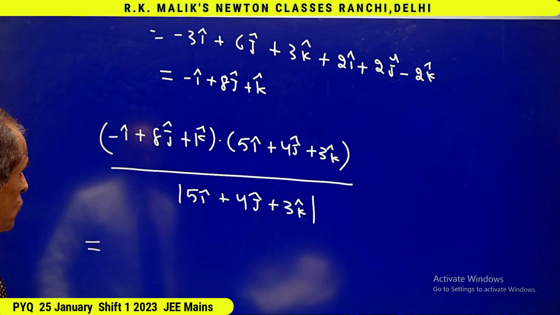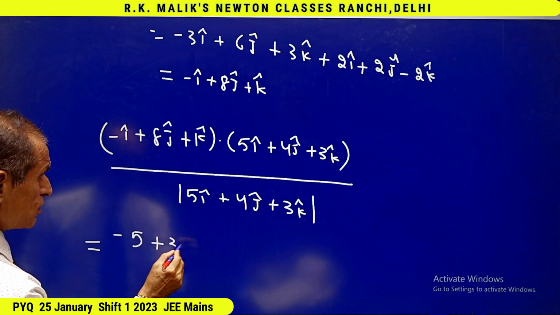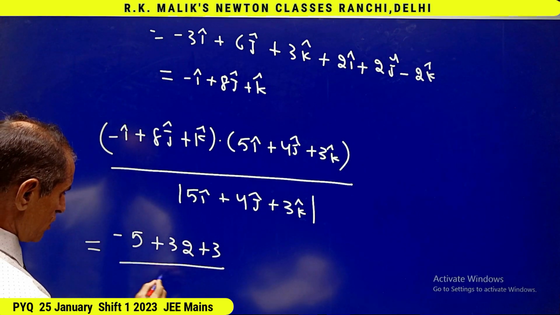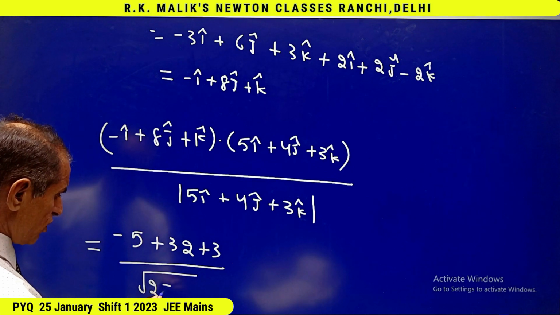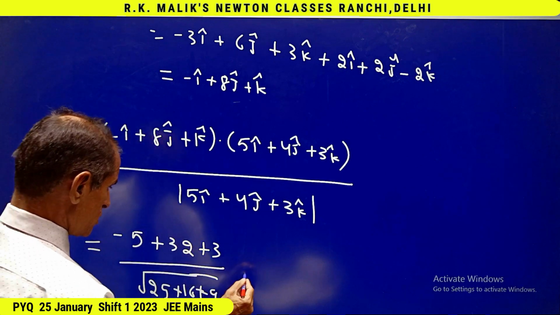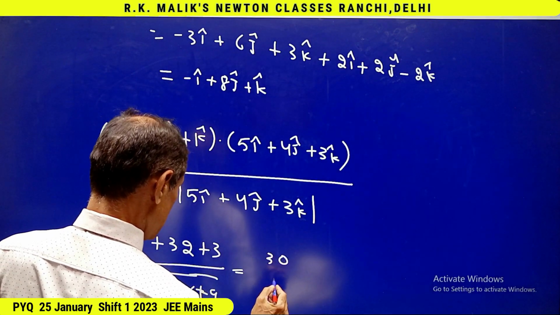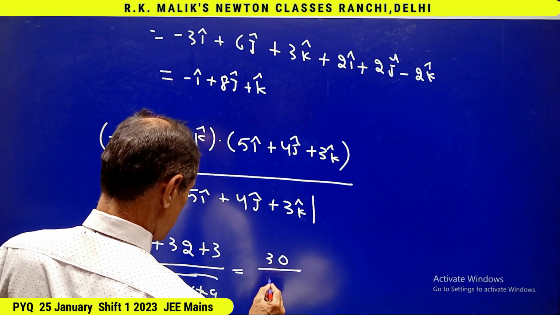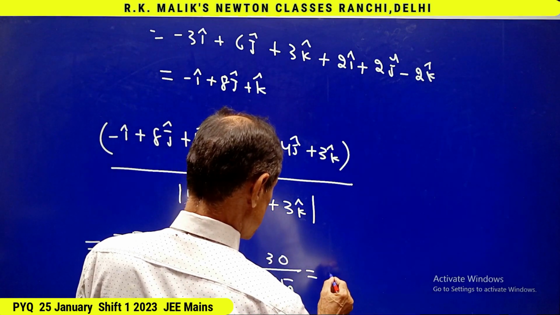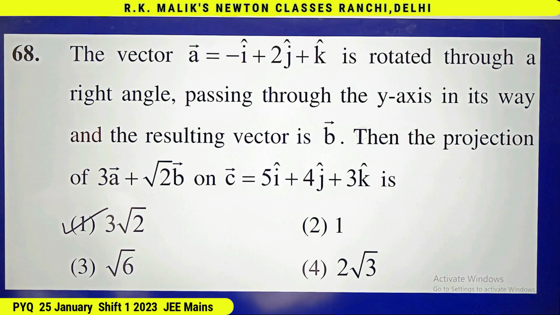This is equal to minus 5 plus 32 plus 3 upon under root 25 plus 16 plus 9, that is 30 upon 5 root 2, that is 3 root 2. Hence I can say the first choice is the correct choice.